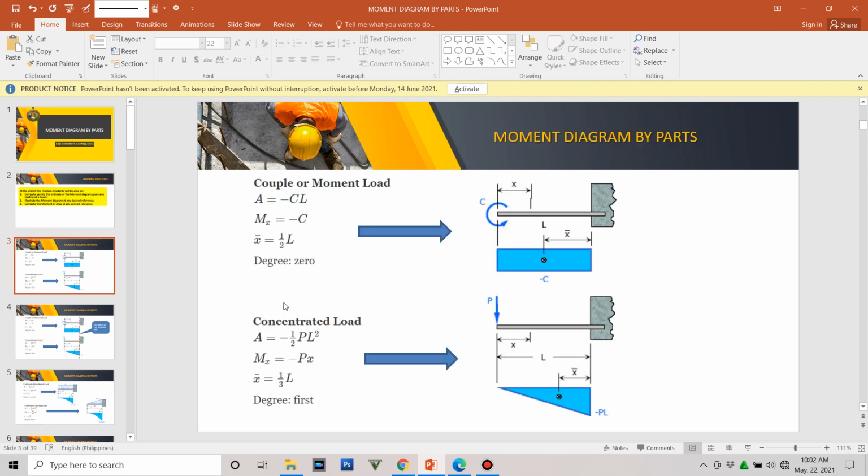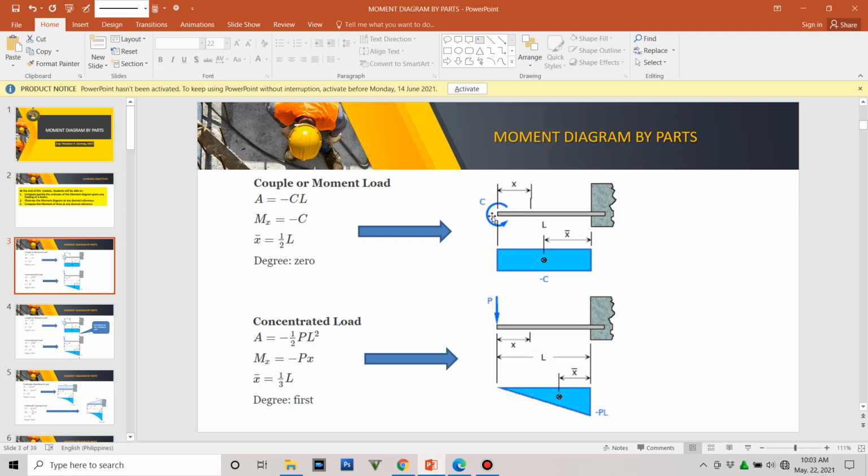So moving on to the formula, for the couple or moment load, focus on this figure. The couple is either clockwise or counterclockwise. In your result, this is the moment diagram, the shaded part here.